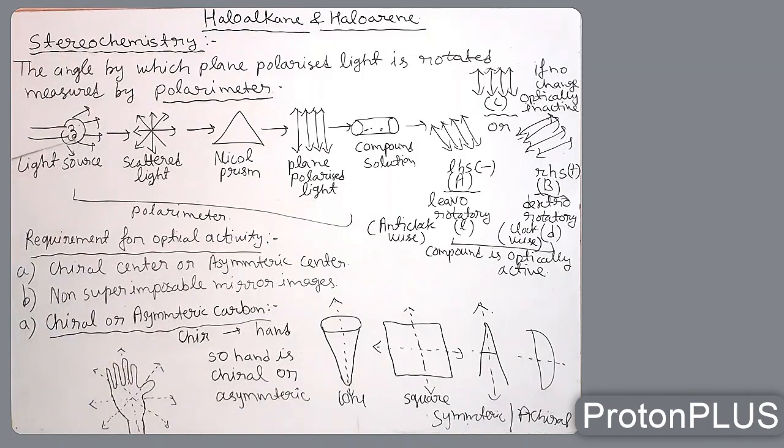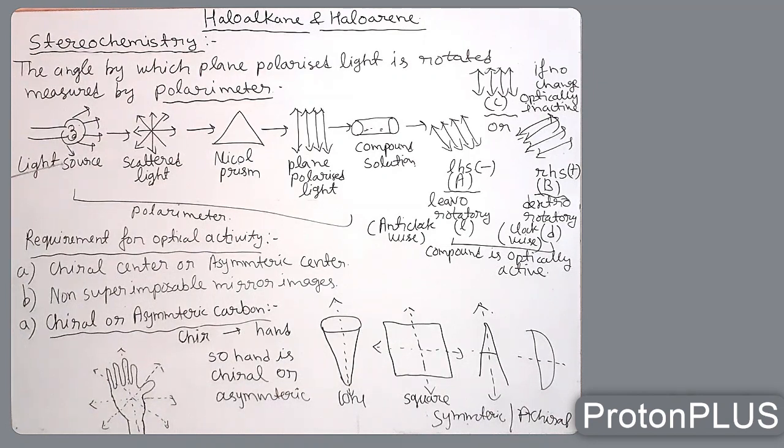When this plane polarized light is passed through the compound solution, as per route A, it can rotate the light to the left hand side, that is LHS, represented by a negative sign. It is levorotatory, anti-clockwise direction. Or it may rotate the beam of light to the RHS, shown by a positive sign, that is dextrorotatory or clockwise direction.